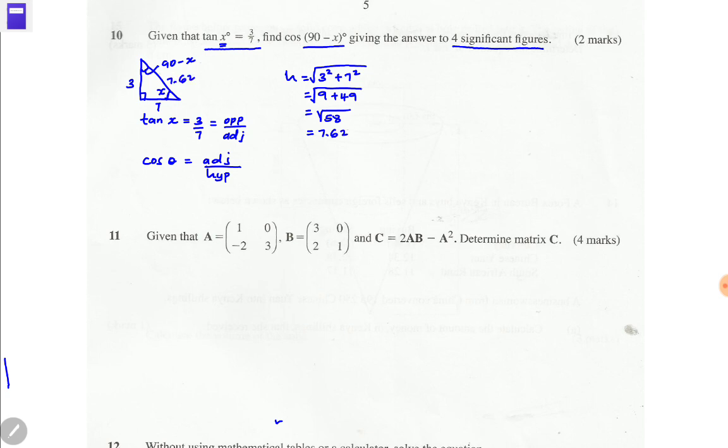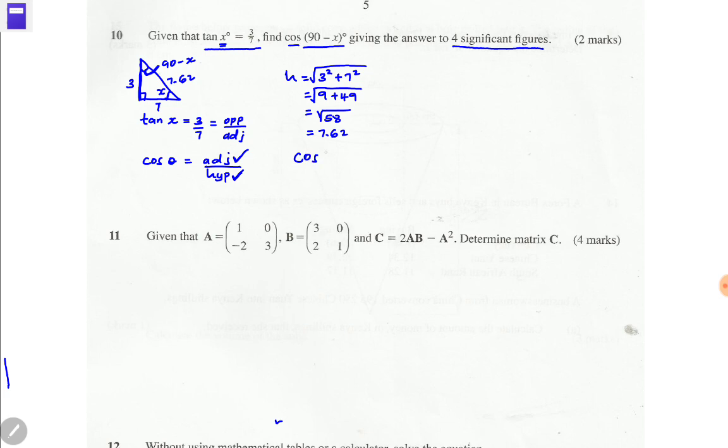So with the value of the adjacent and the hypotenuse, we can determine the cosine of 90 minus x. With respect to 90 minus x, the side 3 is the adjacent side and 7.62 is the hypotenuse.